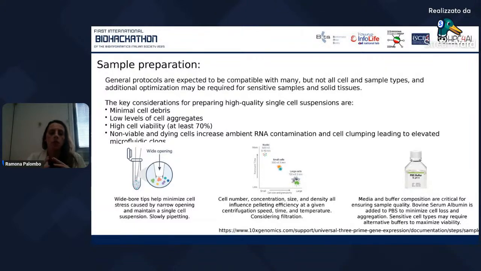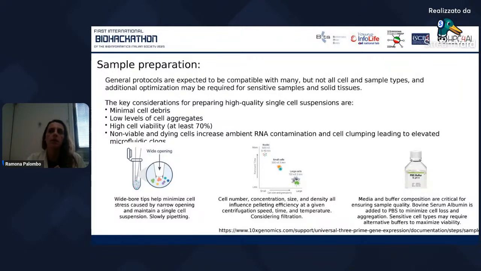The general protocols are expected to be compatible with many, but not all, cell types and sample types, and so additional optimization may be required. But some key considerations are that we want a minimal presence of cell debris.